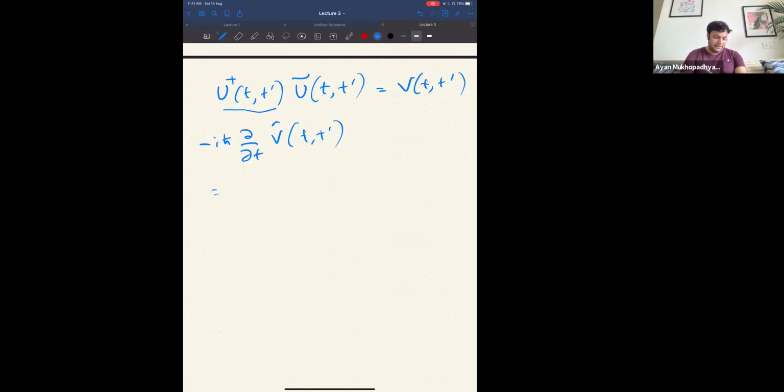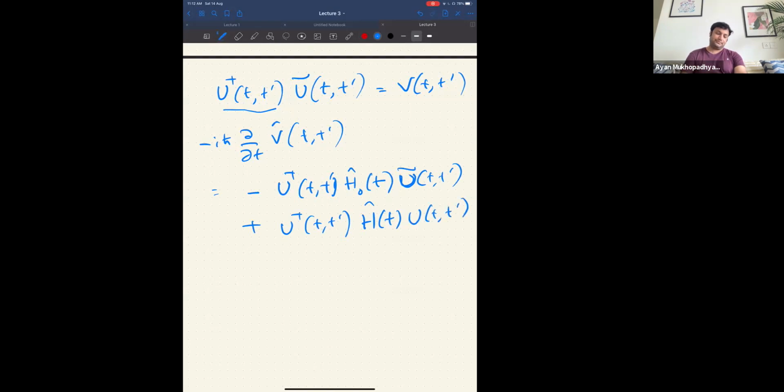If I take the time derivative here, I get minus U dagger(t,t') with respect to the old Hamiltonian, so this would be H0(t), and then U tilde(t,t'). Then I take the time derivative of the U tilde, so I get U dagger(t,t') and then the new Hamiltonian H hat(t) U tilde(t,t').